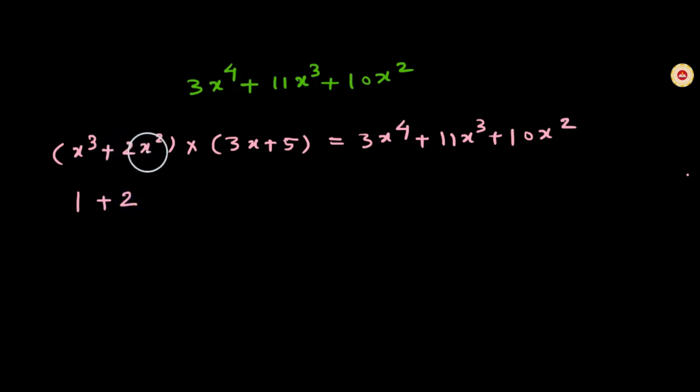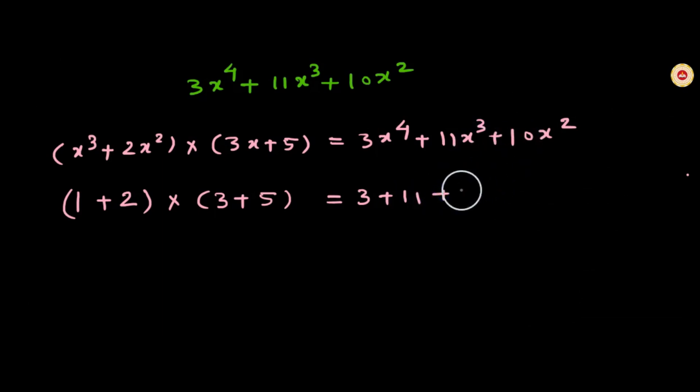See, 2 is the coefficient of x squared, multiplied by 3 plus 5. Okay, 5 is constant, so write 5 here, which should be equal to 3 plus 3 is the coefficient of x to the power 4, plus 11. 11 is the coefficient of x cube, plus 10. 10 is the coefficient of x squared.